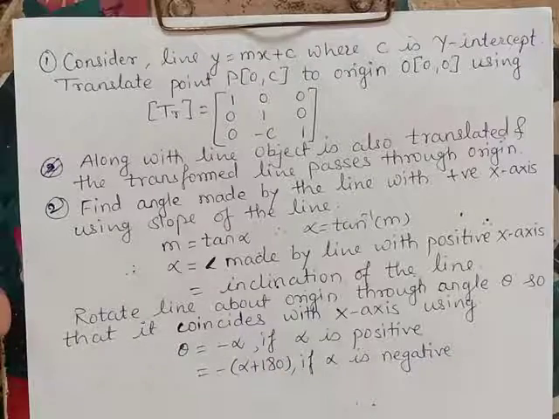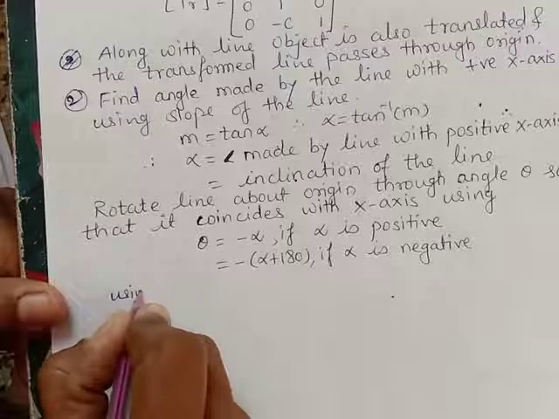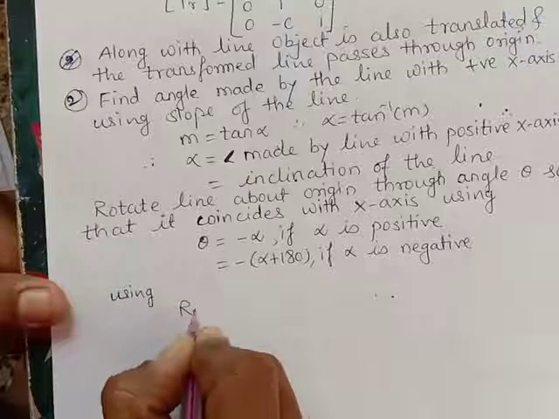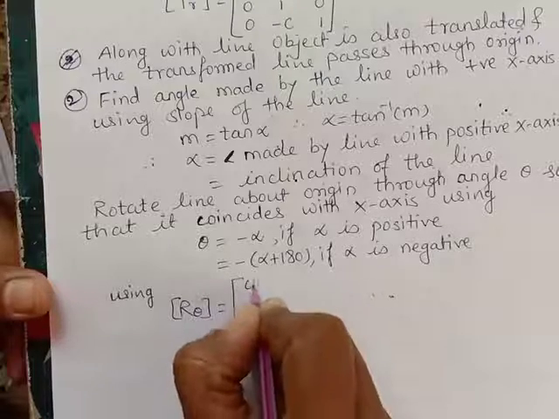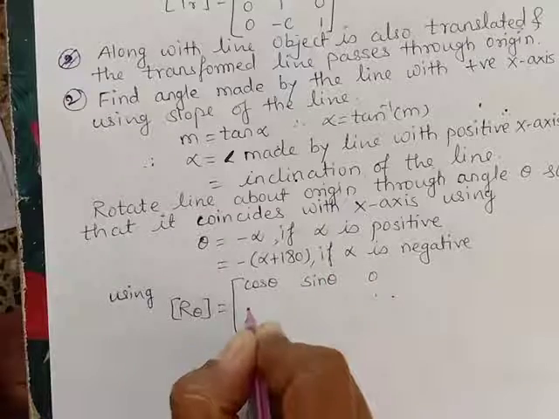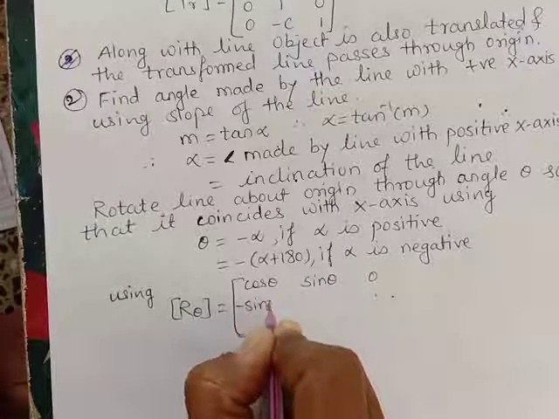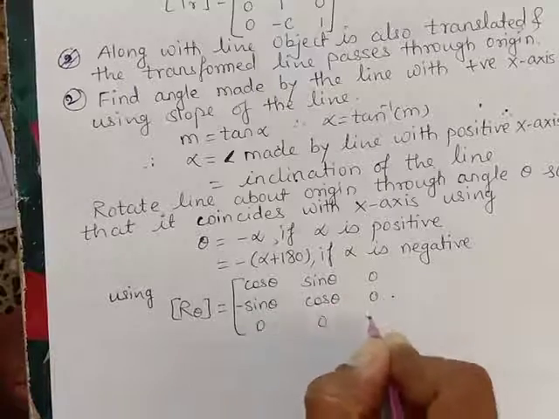Okay, now here we will use what? R theta. That will be what? Cos theta, sin theta, 0, minus sin theta, cos theta, 0, 0, 0, 1.